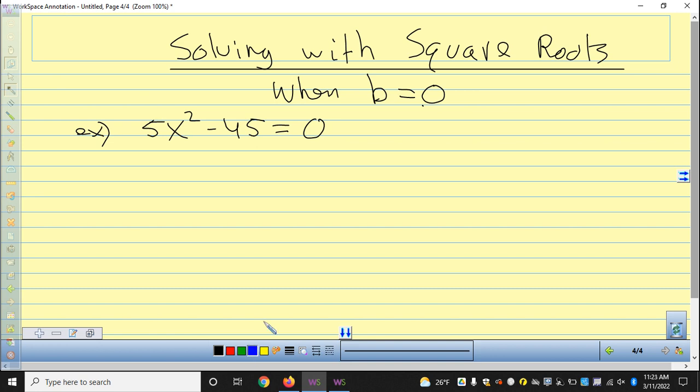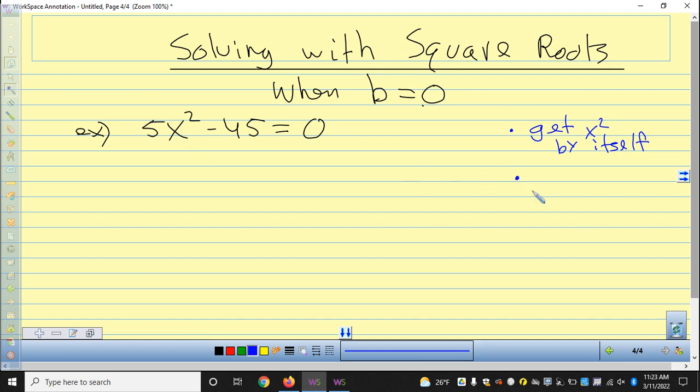So what I want to do, I'll write my steps over here. We want to get x squared by itself. And to get x squared by itself, we do what we've done in the past for solving equations. We're going to add something to both sides. We're going to divide both sides by something. We're going to get x squared by itself.